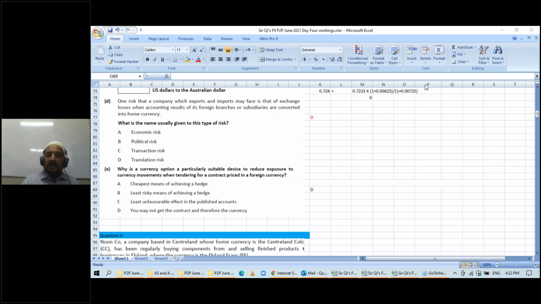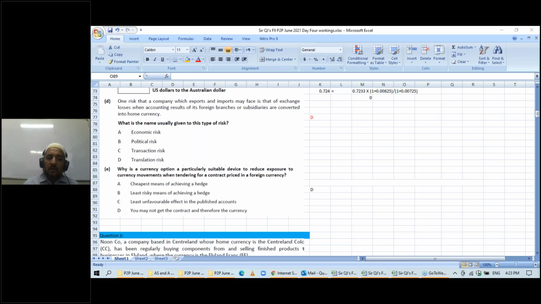I've explained point A. Then point B is the least risky means of achieving a hedge. It's not relevant to this situation, right? Obviously, the risks vary according to the negotiation, and we don't know the negotiations here.